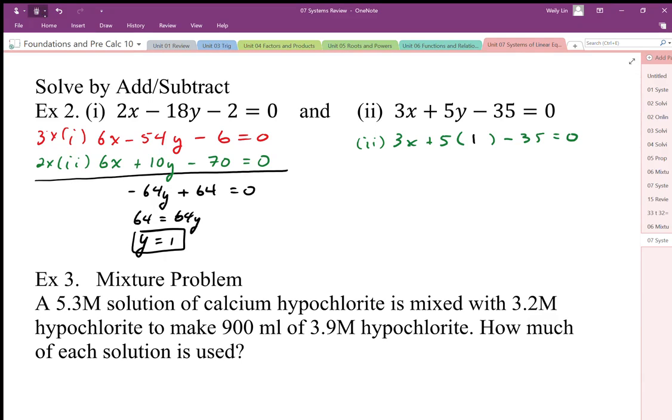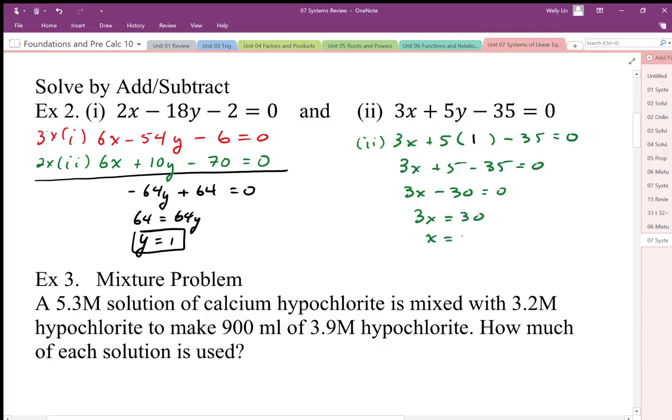Solve this equation for x. I end up with 3x plus 5 minus 35 equals 0. So 3x minus 30 equals 0. So x is equal to 10. So our solution for this system is x equals 10, y equals 1.